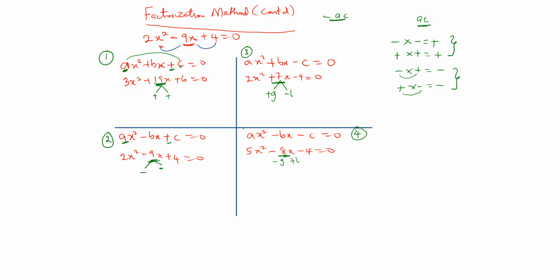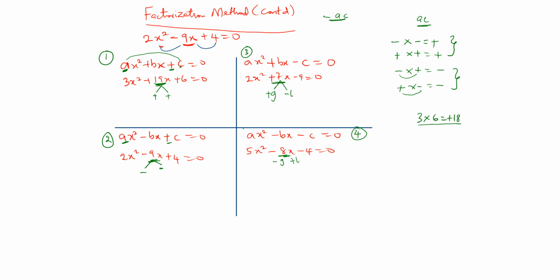Let me use an example to illustrate what I mean. Look at this now, 3x squared. The first thing is to multiply 3 times 6, which is 18. That's plus 18.